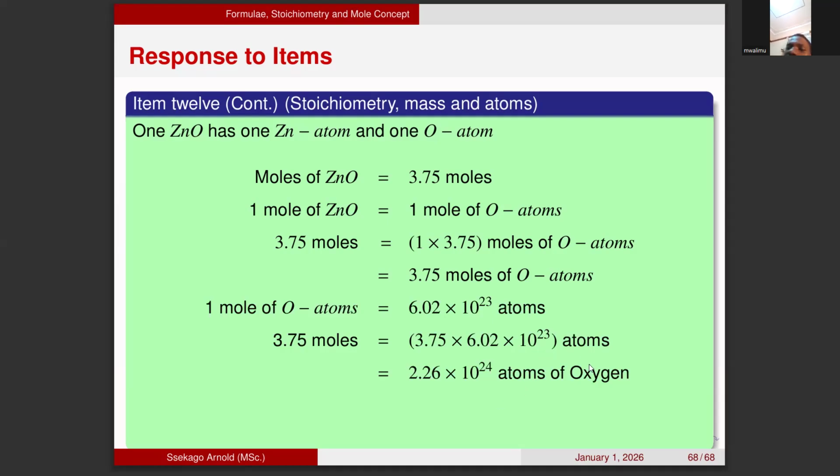What do we realize? So if you are a learner who easily recognizes things, you've seen that zinc oxide has 1 zinc atom. It also has 1 oxygen atom. So this may not be necessary. Let me hope we are clear. If you realize that zinc is 1, oxygen is also 1 atom, so you only calculate the number of atoms of zinc.